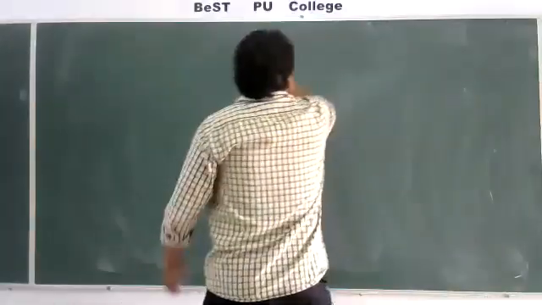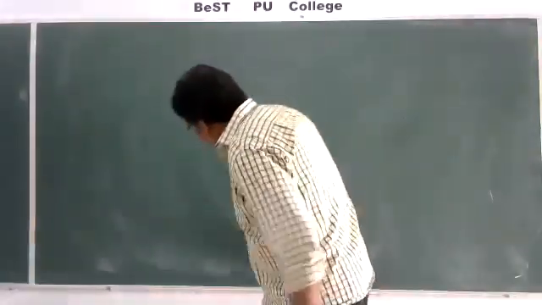Next, a very, very important operation: multiplication of two matrices. Make a heading. Multiplication of two matrices.